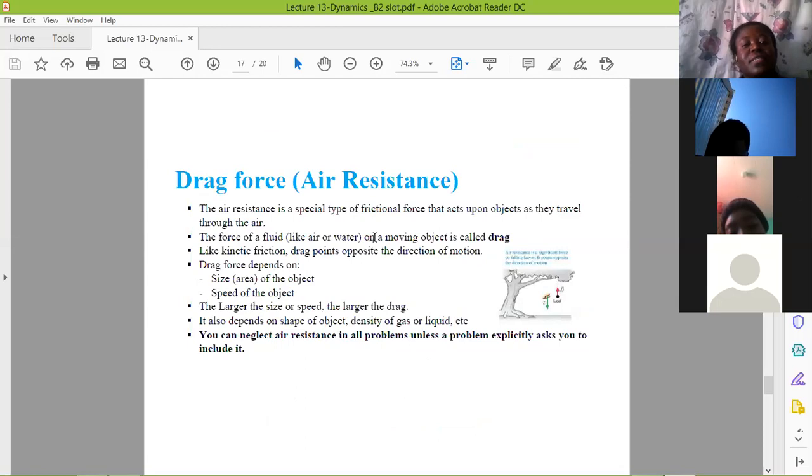The air resistance is a special case of the friction force acting upon an object as it travels through the air mostly. So when you have an object falling, there is always a drag force which is trying to oppose the motion of that object, not to move down.